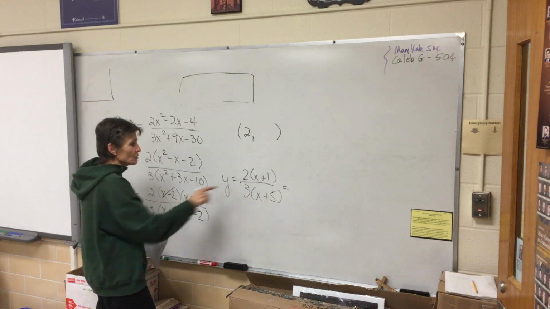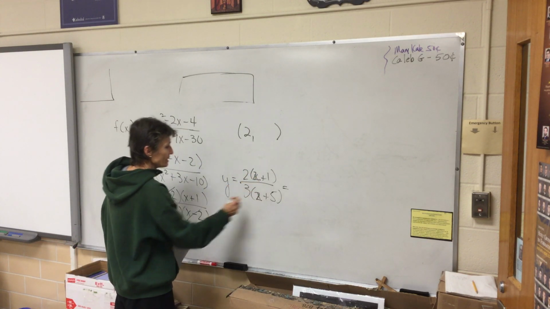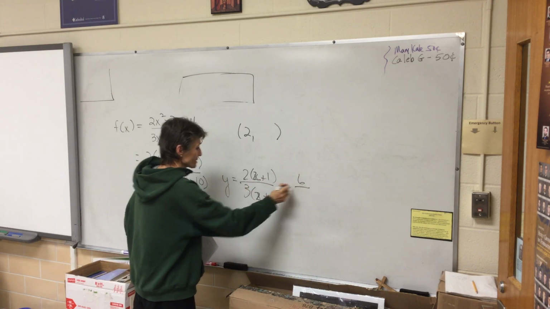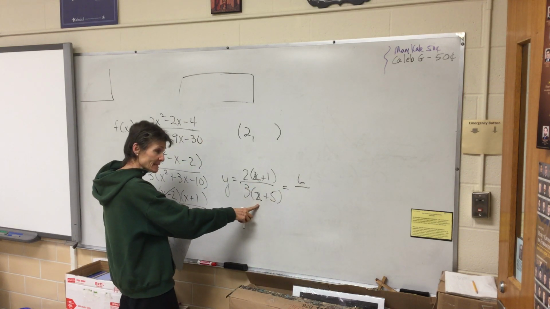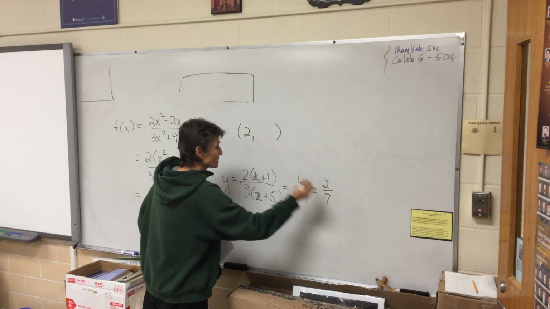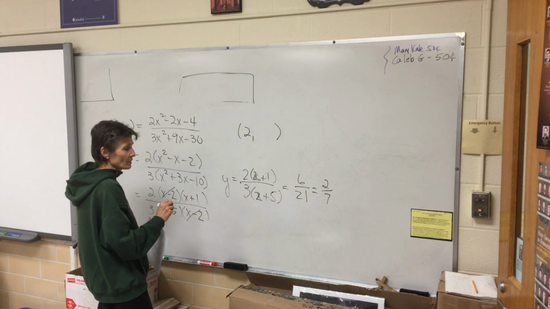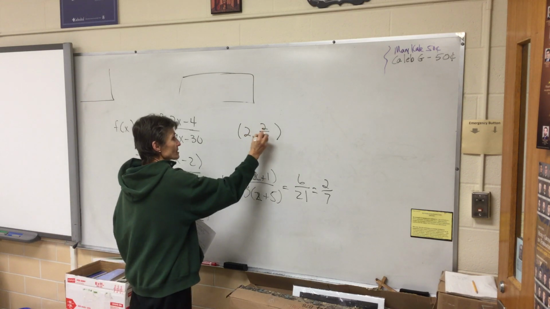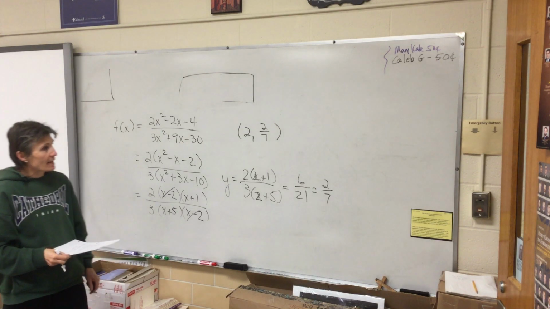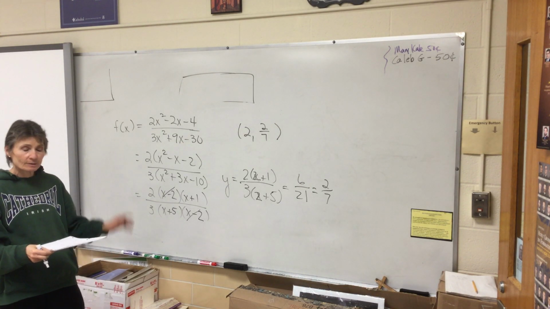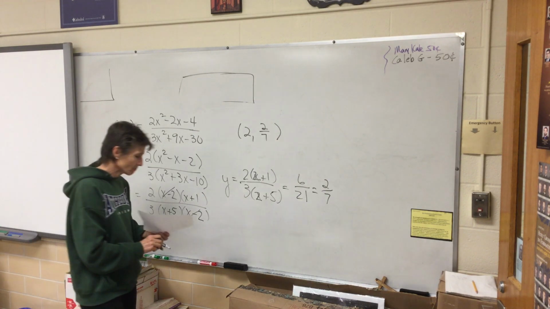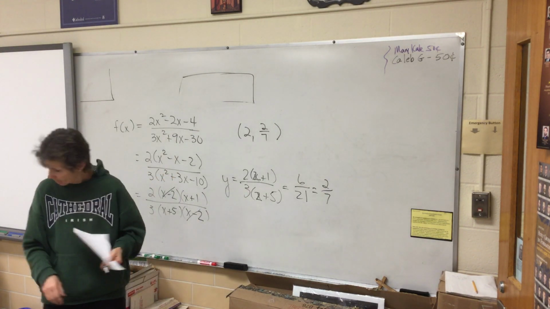So when I put the 2 in here and here, I'm going to get 2 times 3, which is 6, and I'm going to get 3 times 7, which is 21, which reduces by 3's into 2 sevenths. So my removable discontinuity is at 2 comma 2 sevenths. Okay.